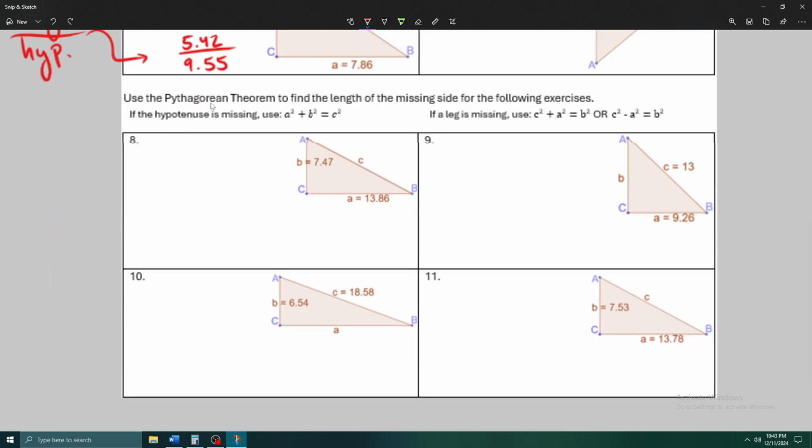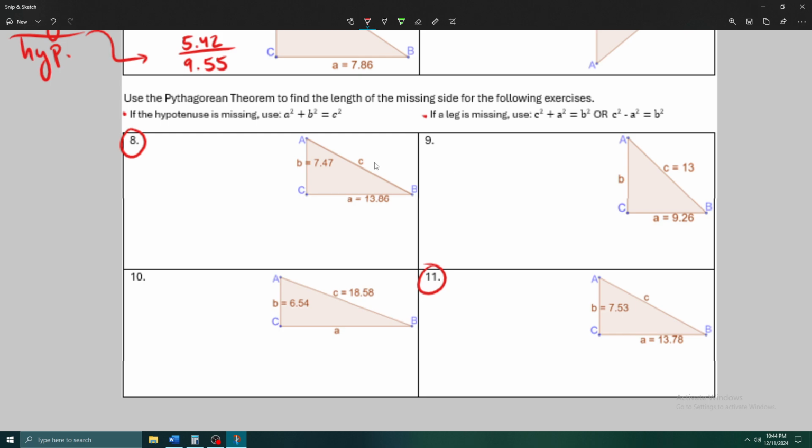And then this one says, use the Pythagorean theorem to find the length of the missing side for the following exercises. I give you a couple of cases. There's kind of two cases that occur. The first case is the easiest one, cases such as number 8 and number 11.